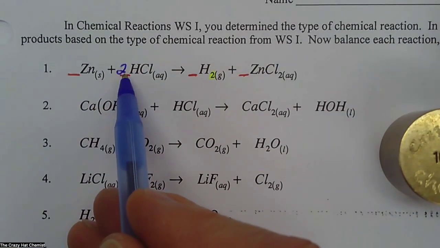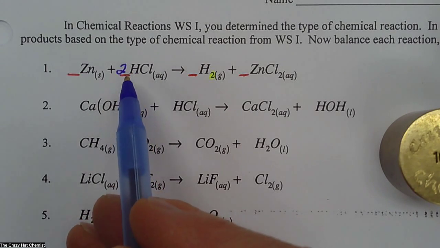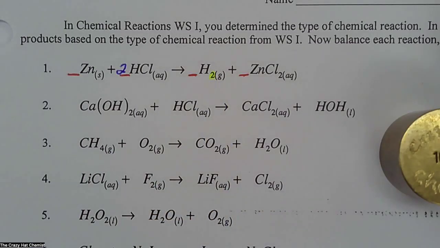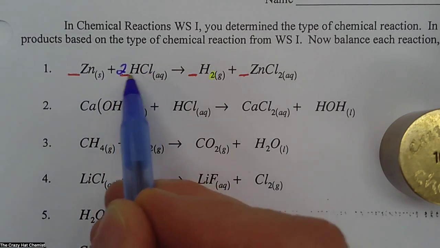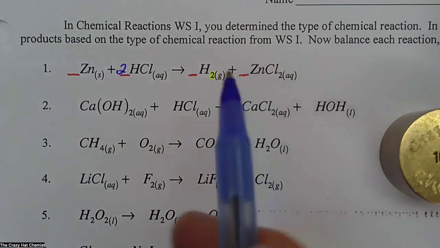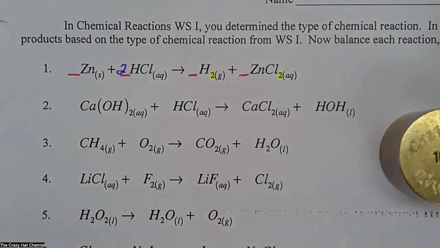That 2 is 2 times 1 hydrogen. That's 2 hydrogens on the reactant side and 2 on the product side. So the hydrogens are now balanced. Then I have 2 times 1, that's 2 chlorines on the reactant side, and then 2 chlorines on the product side. Fantastic. Perfect. I'm actually done.